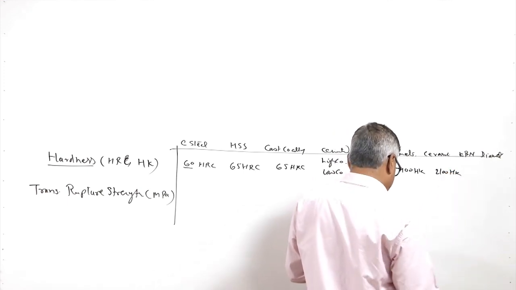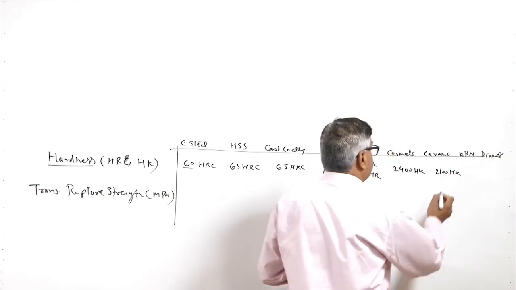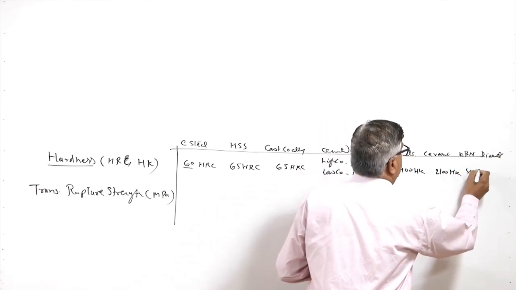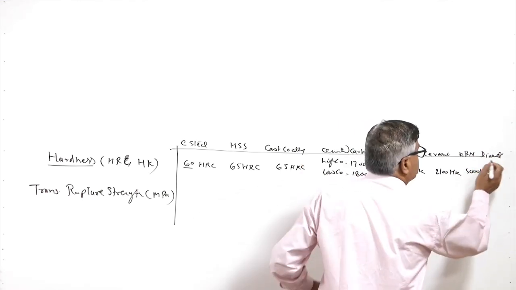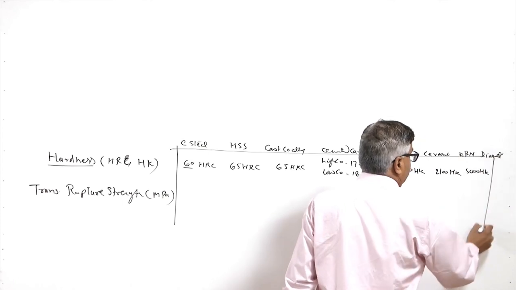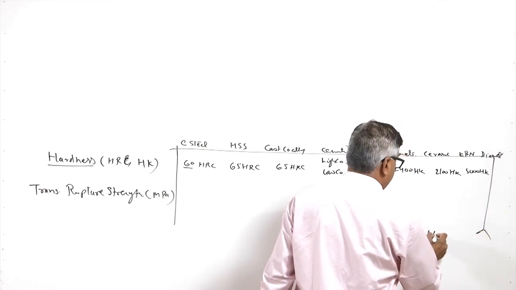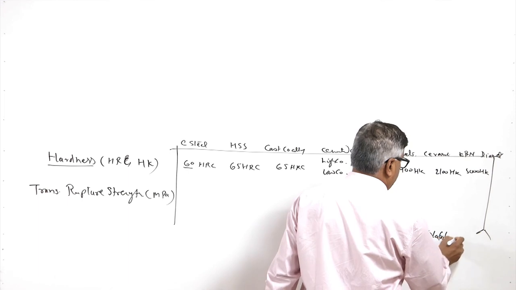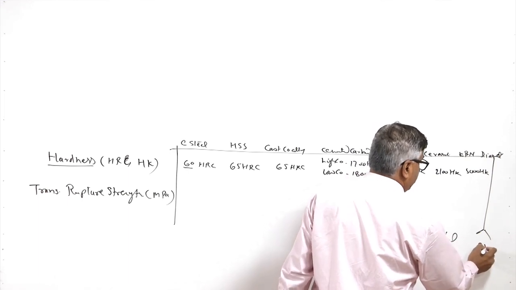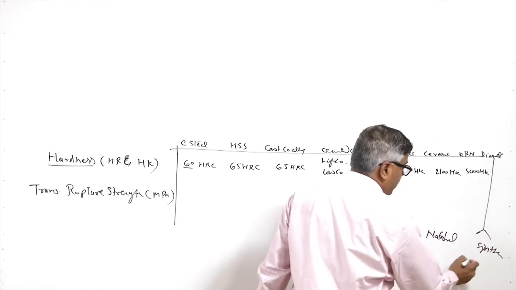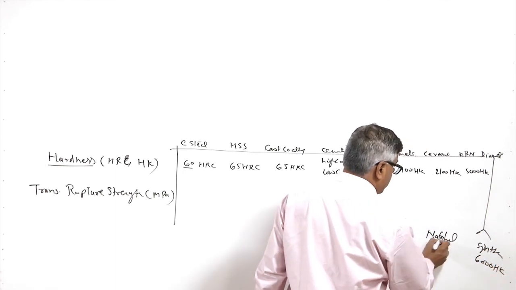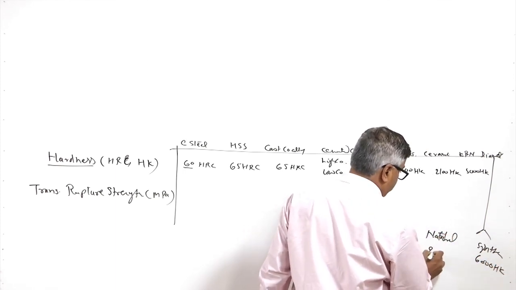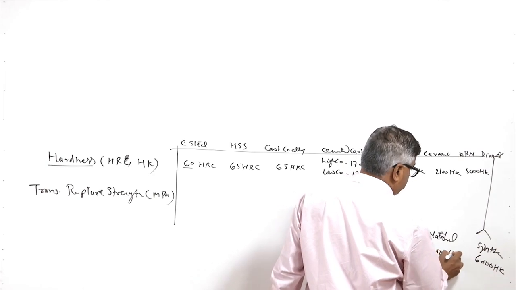The CBN offers the hardness of 5000 HK, while for diamond there are two categories: one is natural diamond and another is synthetic diamond. Synthetic diamond offers the hardness of 6000 HK and natural diamond offers a hardness of around 8000 HK.